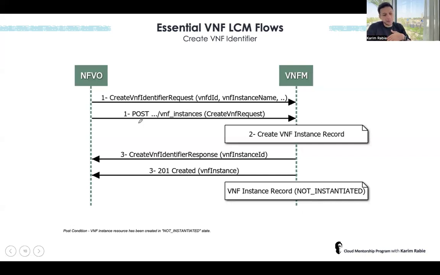And as you see, post to here, that's the actual API request. And that kind of post, get, this kind of things, this is what you see in the SOL, ETSI NFV SOL document. So the request comes to VNFM.